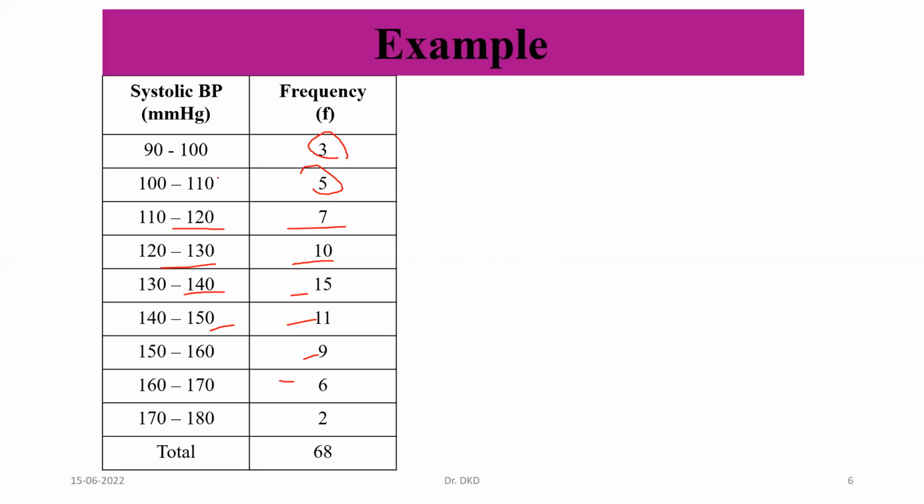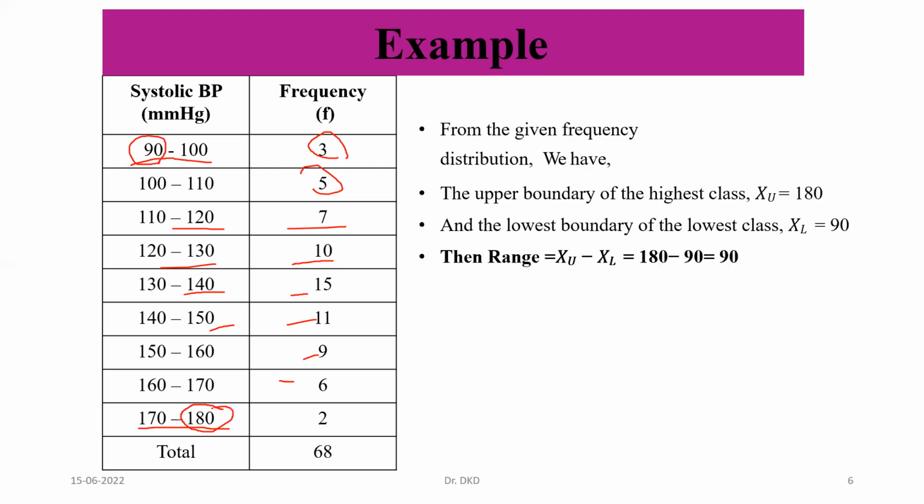The lowest boundary of the lowest class is 90, and the highest boundary of the highest class is 180. We just subtract and we find the range of systolic blood pressures. So this is a simple calculation for a grouped data set.